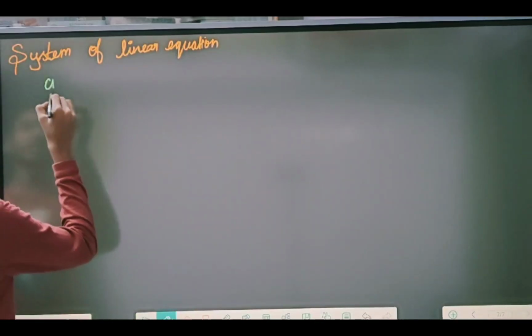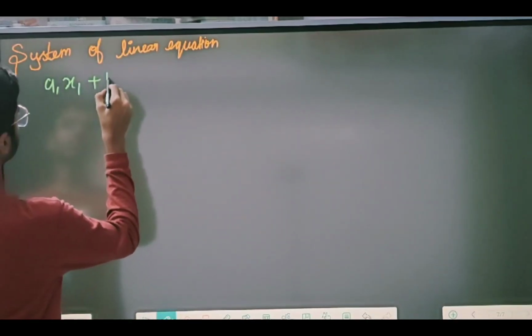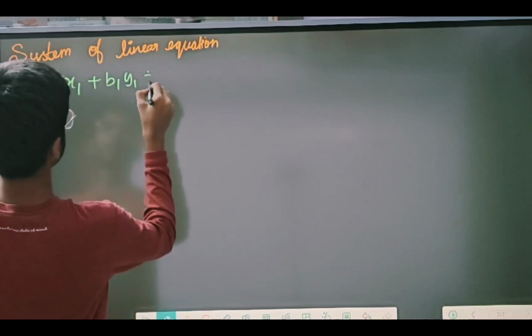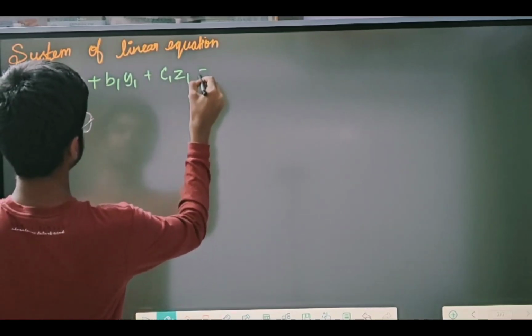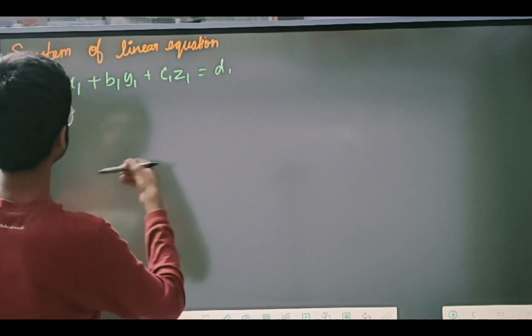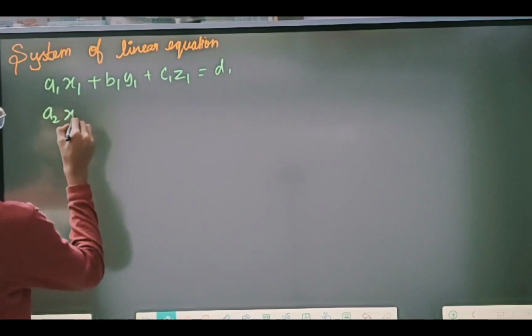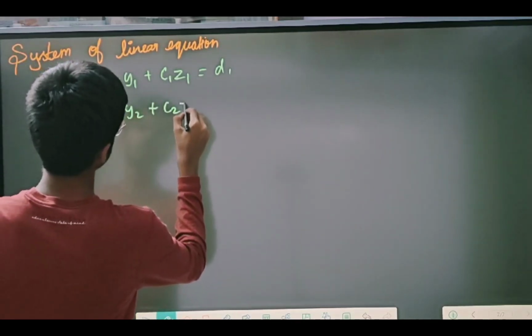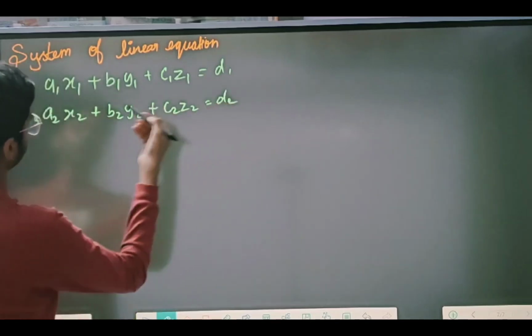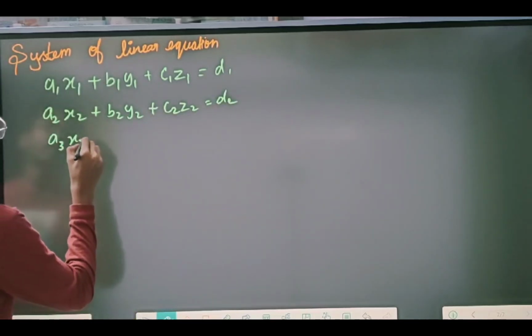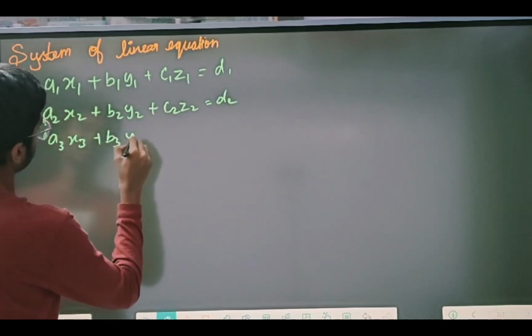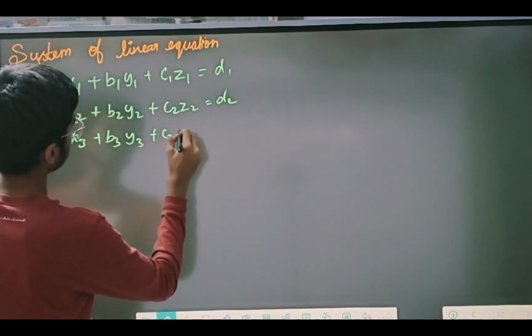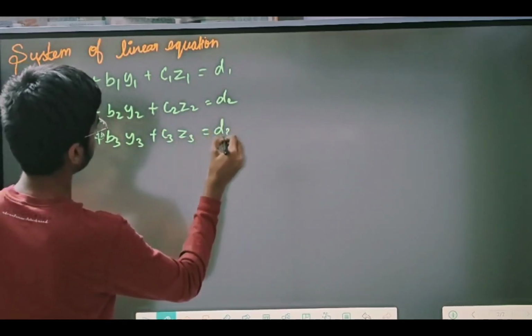There are these 3 equations. a1x plus b1y plus c1z is equal to d1. a2x plus b2y plus c2z is equal to d2. a3x plus b3y plus c3z is equal to d3.